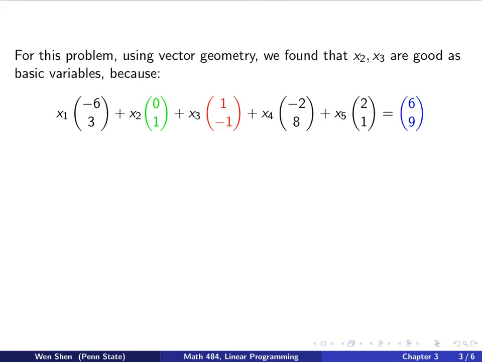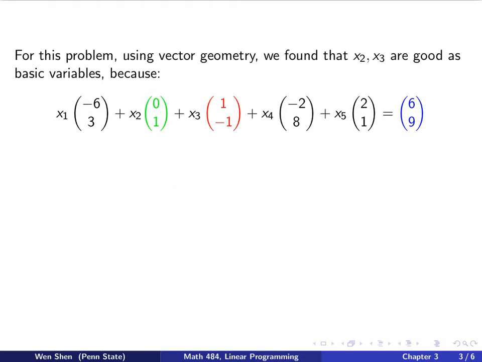From our discussion, in order to verify that, we need to show that the vector b on the right-hand side can be written as a linear combination of v2 and v3 with non-negative coefficients x2 and x3. What we need to do is draw the vectors v2 and v3, and see whether the vector b lies within the wedge between these two.